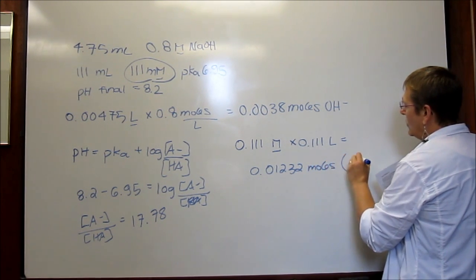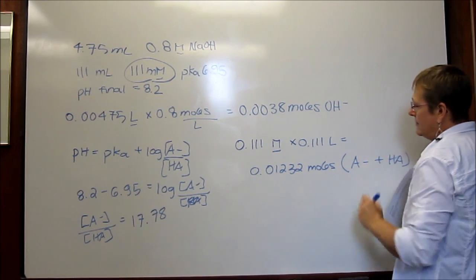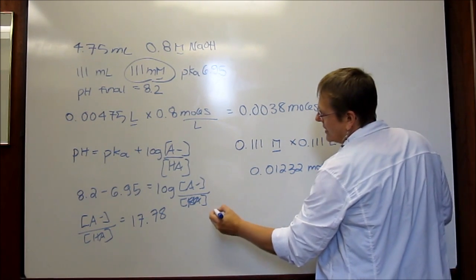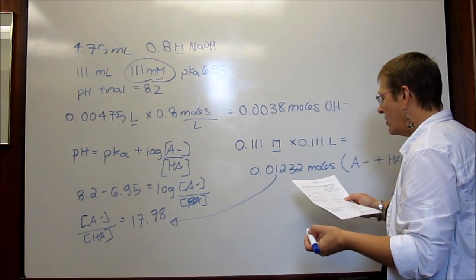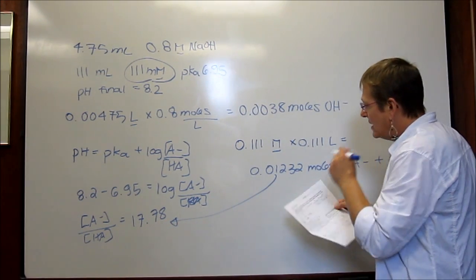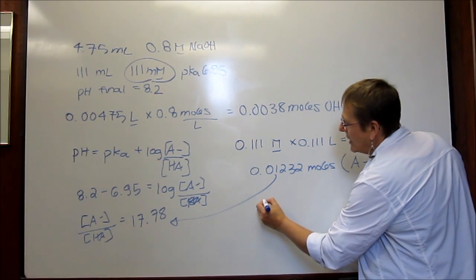That is equal to A- plus HA moles. We also know that the ratio is given down here, and we can combine the two to solve for the moles of A- and HA. So we'll just do it the way we would normally do that.